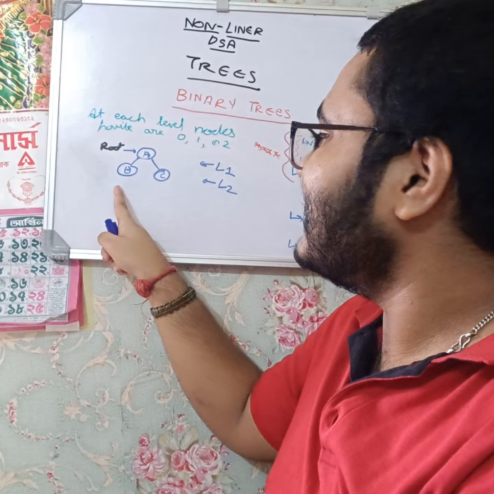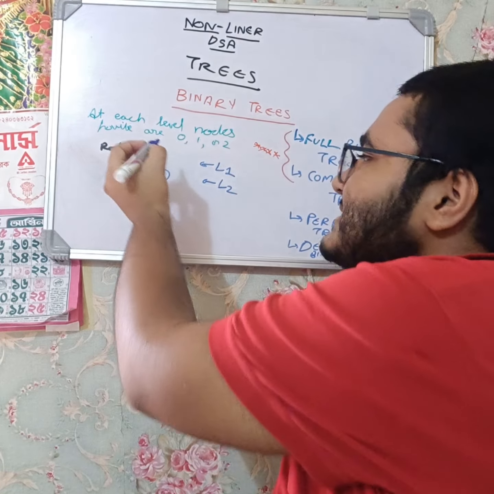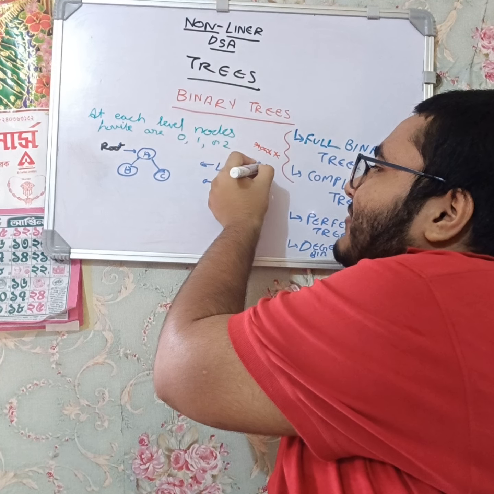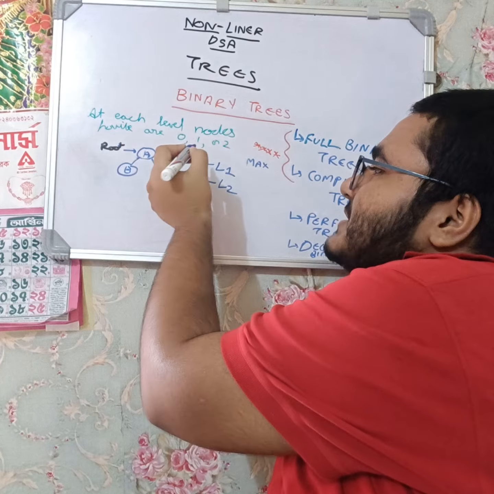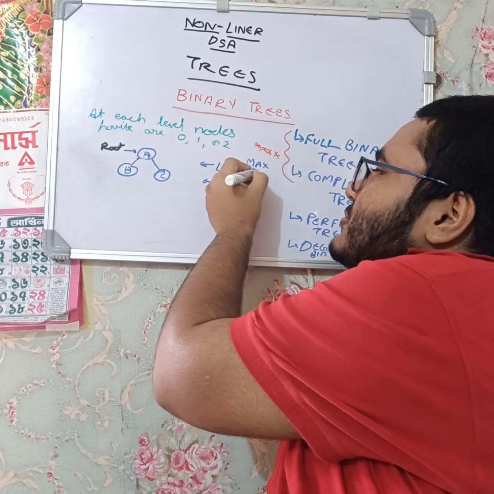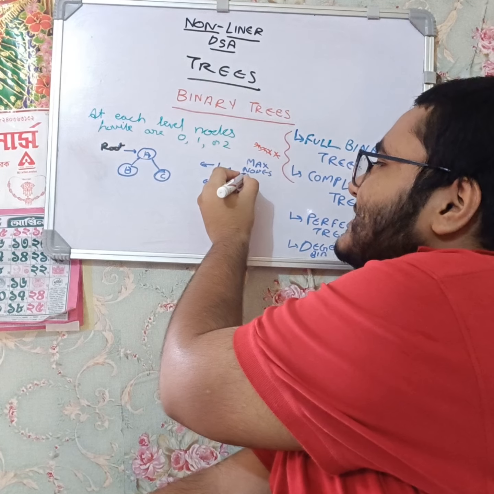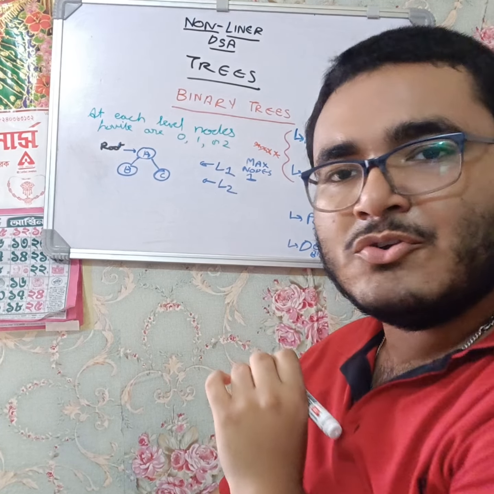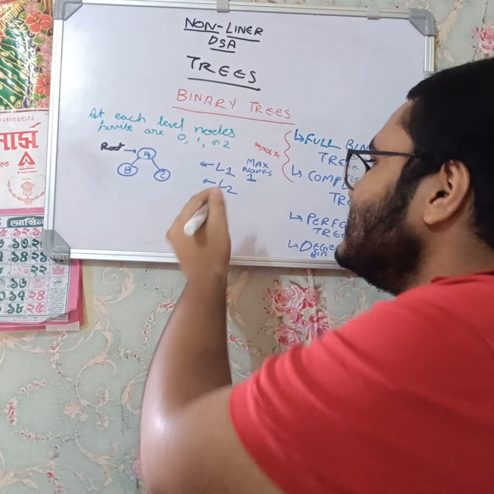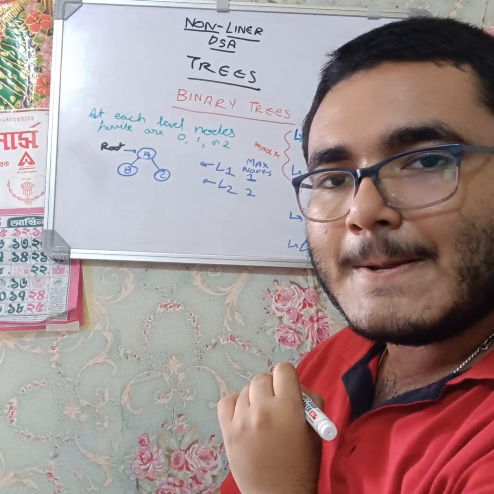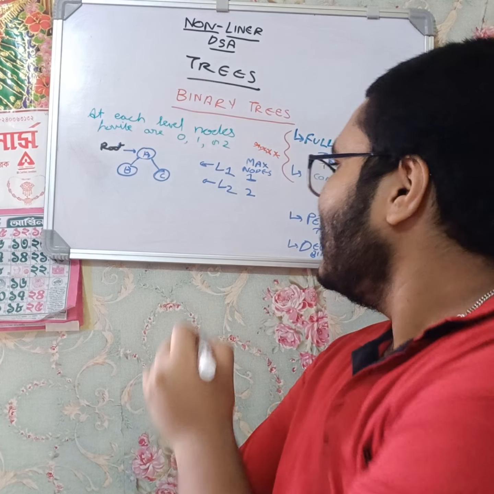At level 2, I am talking about maximum nodes. At level 1, maximum one node is possible. Yes or no? At level 2 maximum 2 nodes are possible, right?